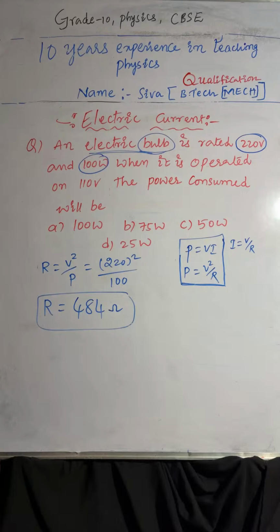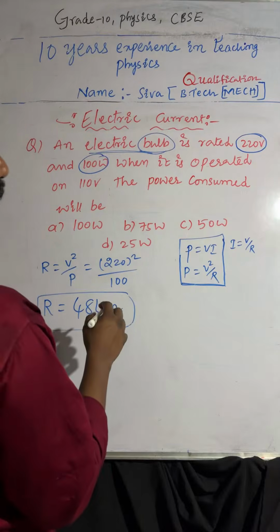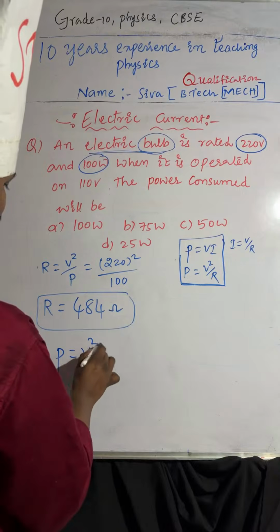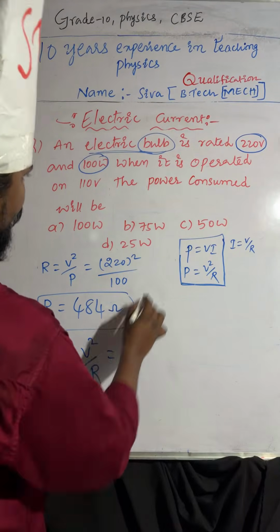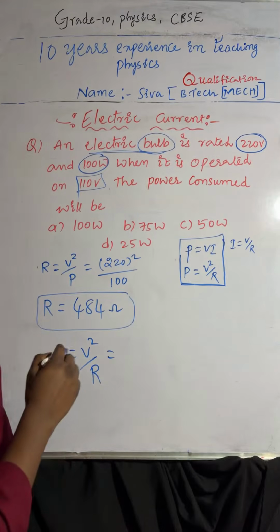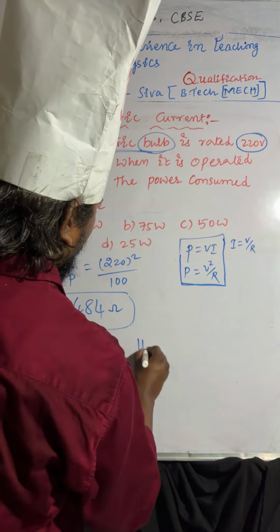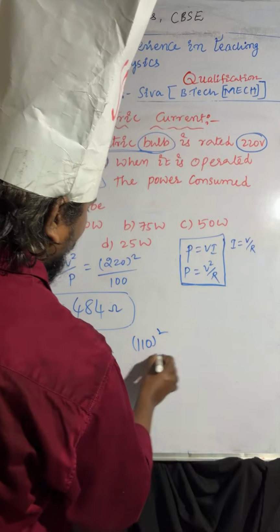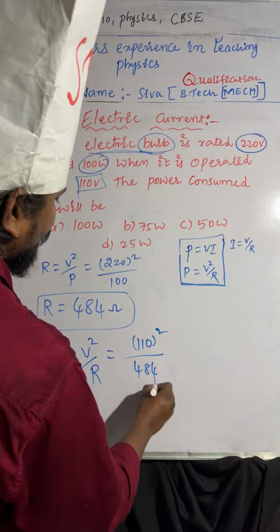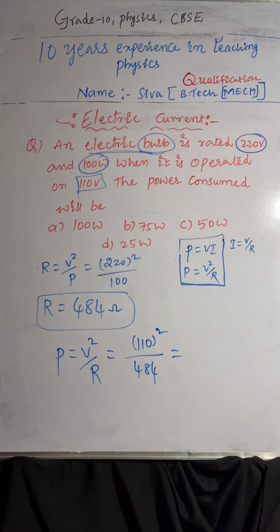How much will you get as the answer? So P equal to V square by R. So V equal to 110. Then 110 whole square by R equal to 484. Then how much will you get? You'll get 25 watt.